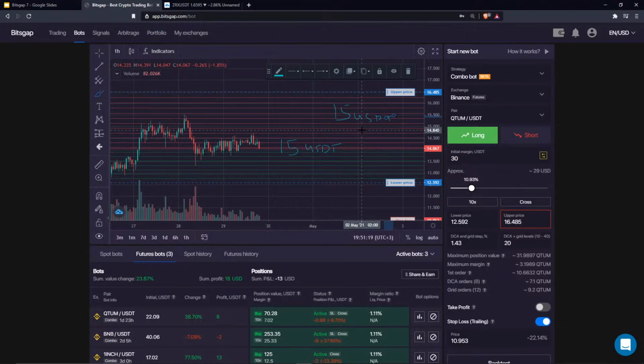So for each long order we have a short sell order to close it. I don't want to make it complicated, but for those of you who know, there are reduce-only trades and just simple open orders. So in the Combobot we have open orders. So that means in order to sell a long position, we short sell it by the same value.